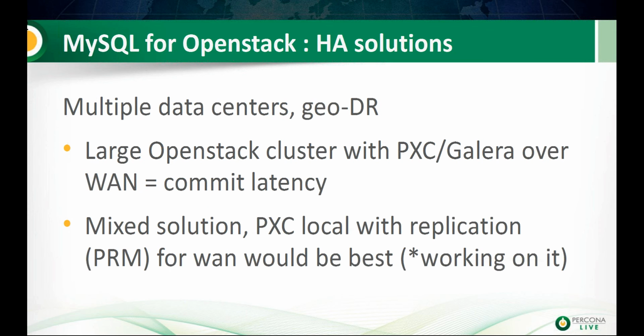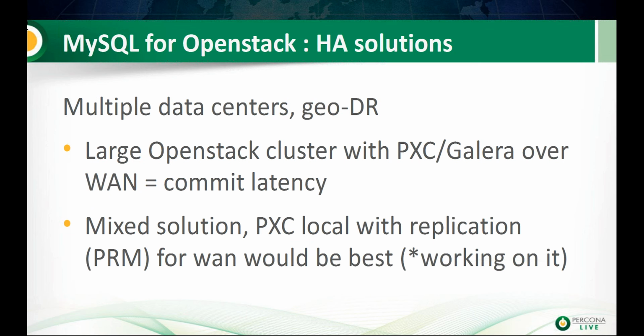A good solution, in my opinion, would be to mix XtraDB Cluster or Galera, working as an HA service locally, and connected through replication, like with PRM, over the WAN. So you have synchronous replication locally, asynchronous for disaster recovery. I think that would be a very good option.